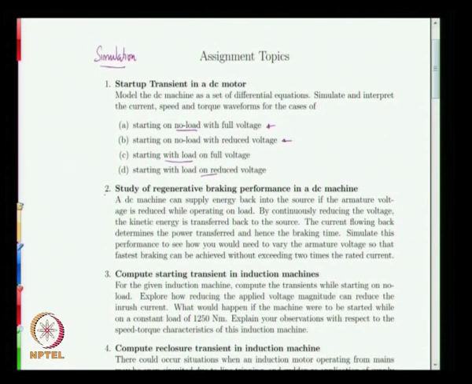The second experiment is the study of regenerative braking of the DC machine. Regenerative braking is an approach where the machine was already running and you want to reduce the speed. If you want to reduce the speed, essentially it means that the stored energy in the rotating masses of the system was at some level and you want to bring it down to a lower level.